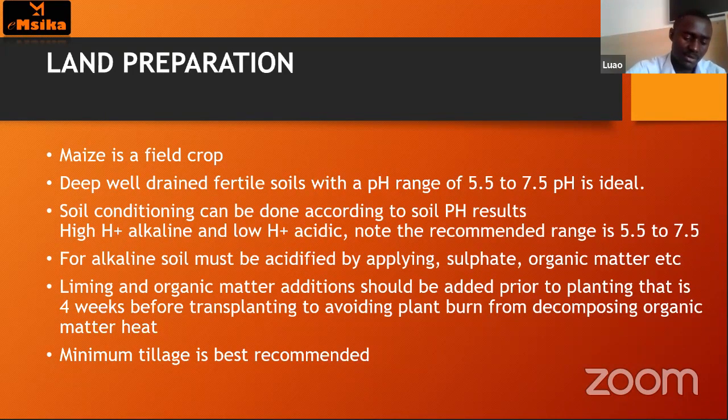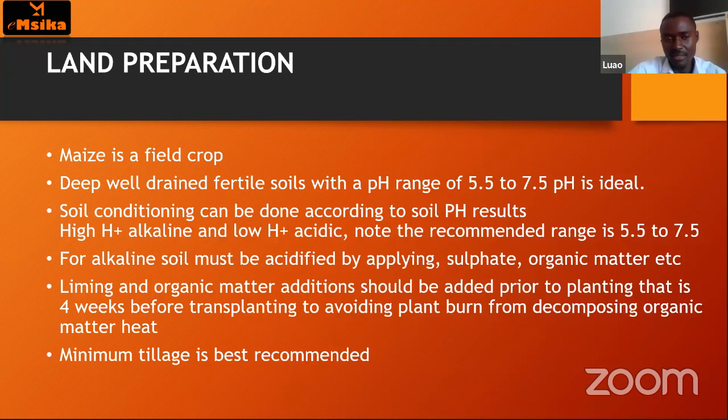But the fastest and quickest way is the lab analysis, and Mount Meru and the University of Zambia are doing this pH analysis in SAC. So now, soil conditioning can be done according to soil pH.